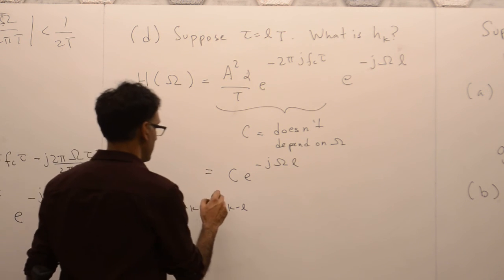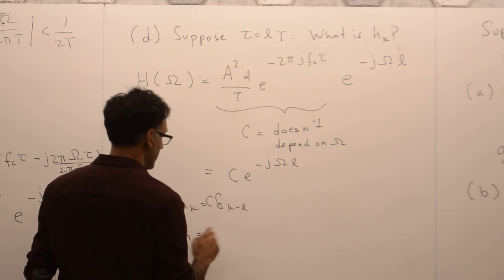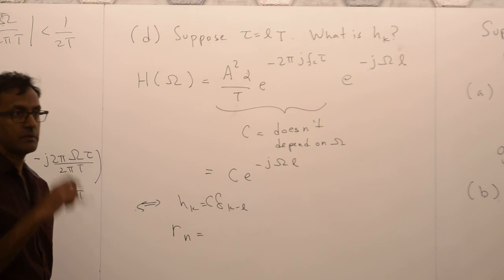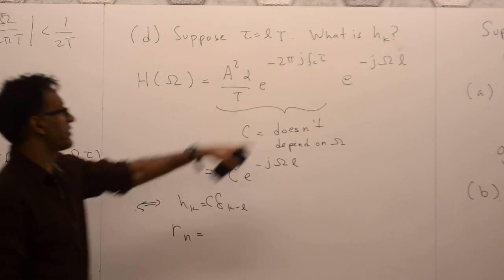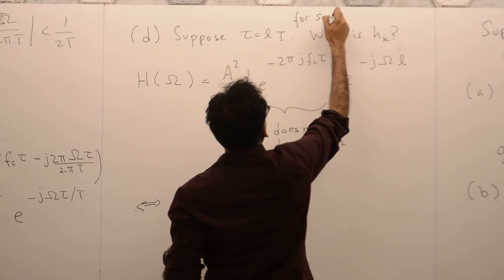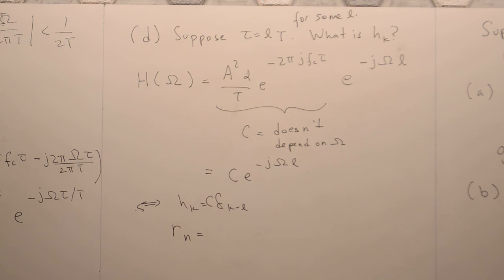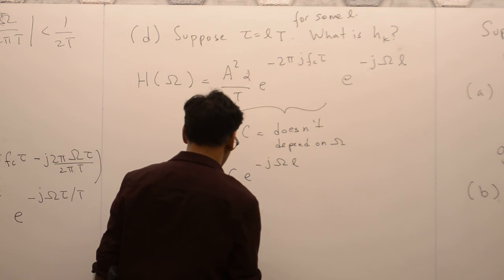So in other words, what is r of n in terms of s of n? L is just some integer constant. So basically, if the delay in the channel is an integer number of symbol periods, it'll just result in an integer number of symbol delays here.